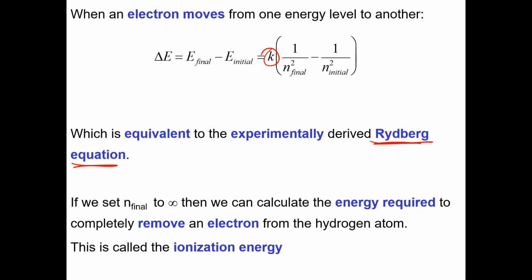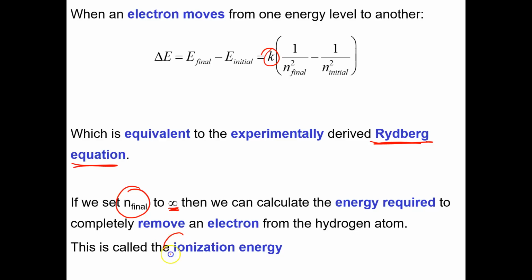Another thing that is worth noticing is that if we set the final energy level to infinity, then we can calculate the energy required to completely remove an electron from the hydrogen atom. That energy is often called the ionization energy of the hydrogen atom.